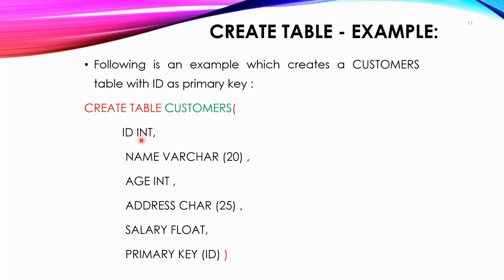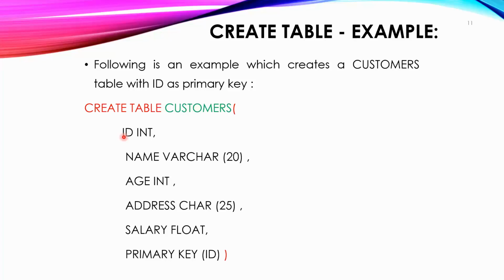The data type of the first column is int, for the second column it is varchar, and the size of the characters is 20. You can insert 20 characters, and for the third one the data type is int, for the fourth one the data type is again char, and for the last one the data type is float. And at the end you have mentioned the primary key of this table is ID, right? ID means the first column, right?